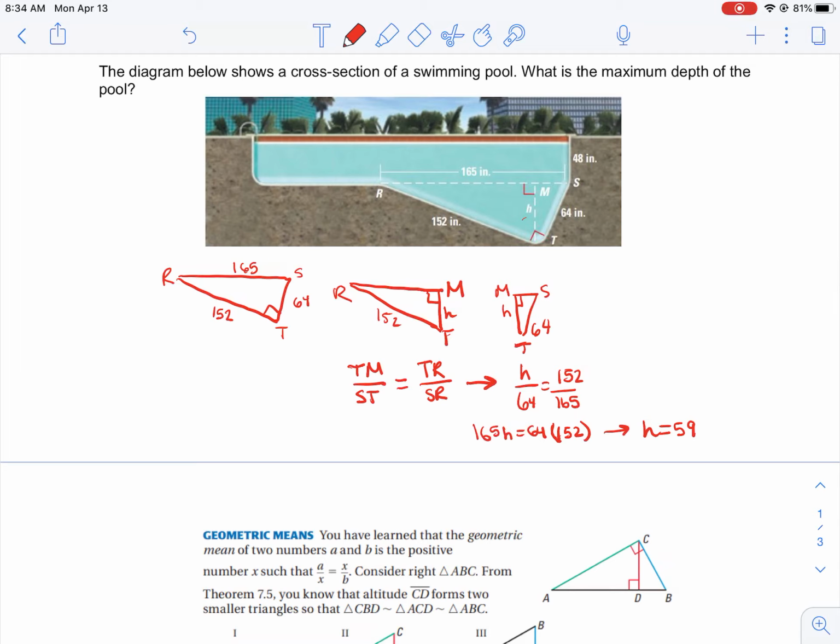Where did that 48 come from? So this right here is my h, right? But then plus the 48 inches, because we're not counting that part. So actually it's this whole depth. So we'd have to do 59 plus 48. So actually the whole depth, the maximum depth of the swimming pool, is 107 inches.